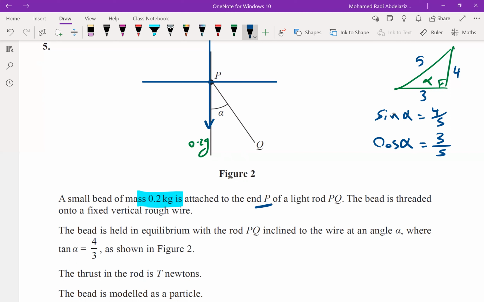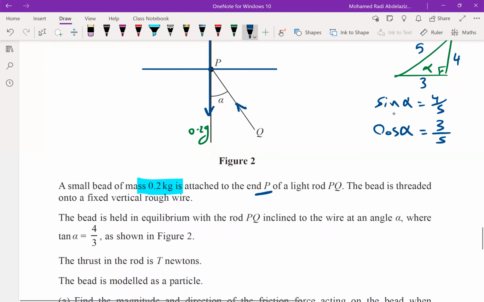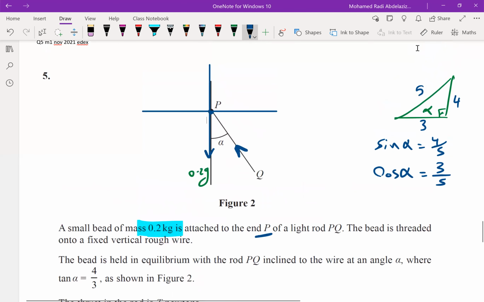There is a thrust, it's given here. The thrust in the rod is T Newton. The thrust of the rod is acting in the direction of P. This is the direction of the thrust. It's better to show that this force is out, like all the other forces.